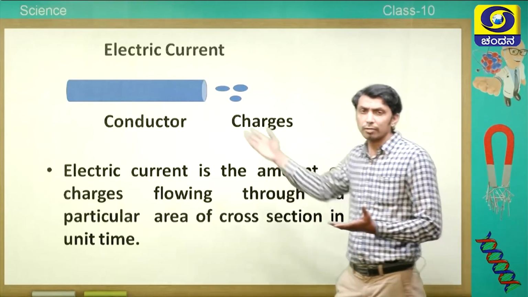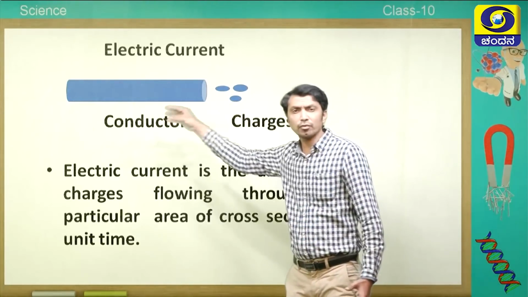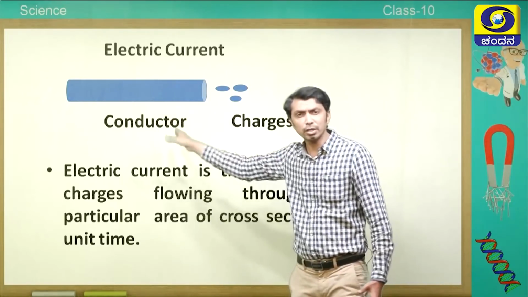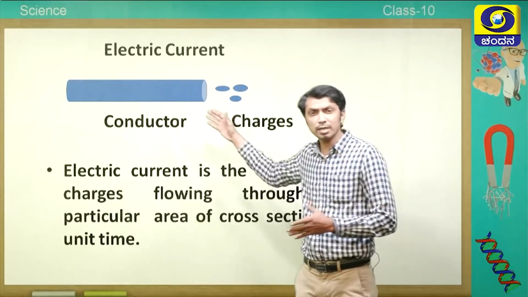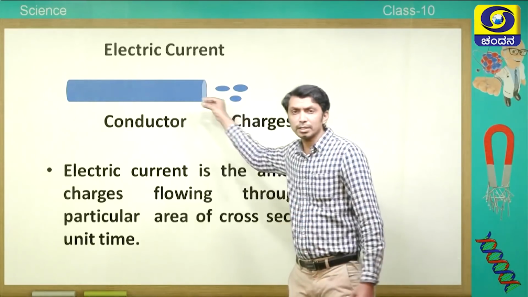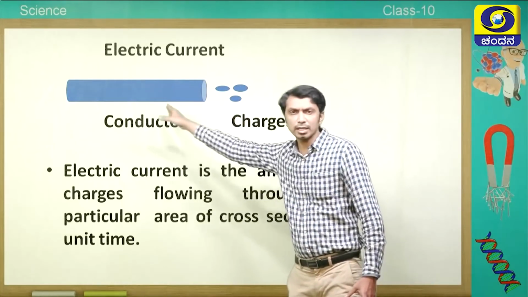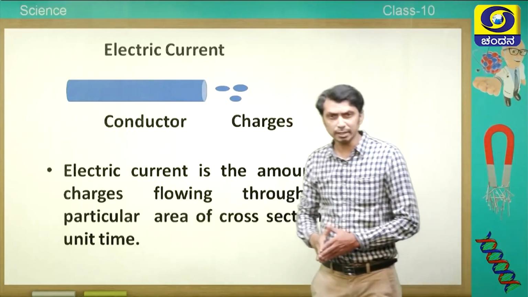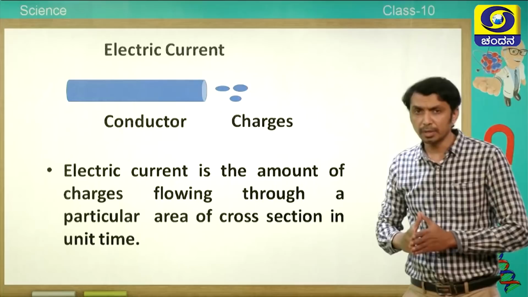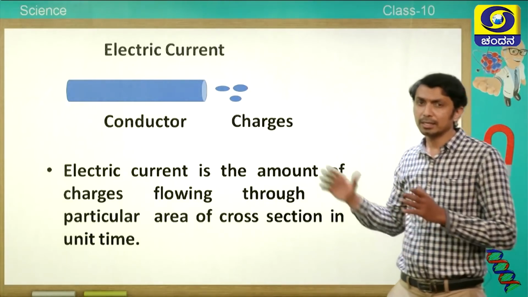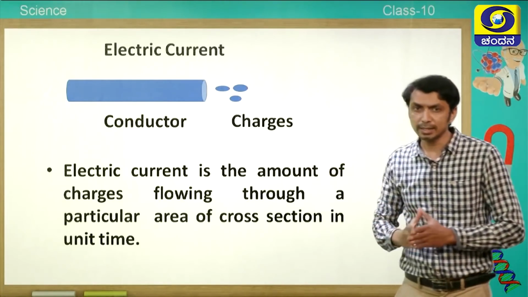Just like the amount of water flowing from a particular point in a pipe, in the same way we are calculating the number of charges passing a cross sectional area in this conductor with respect to a specific time. So that is what we call electric current.